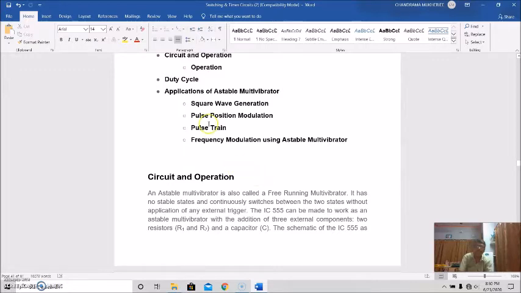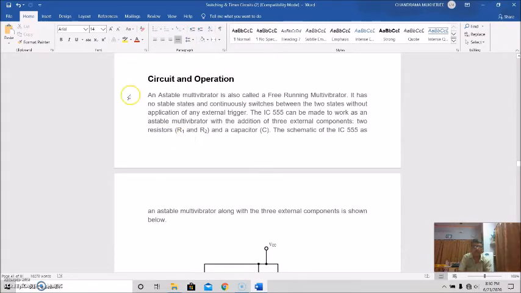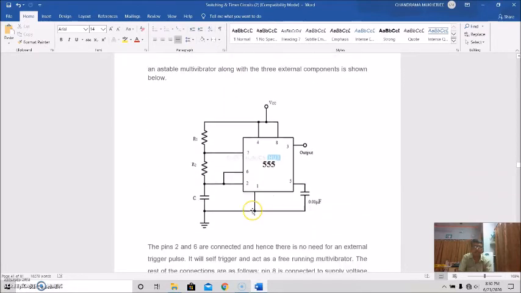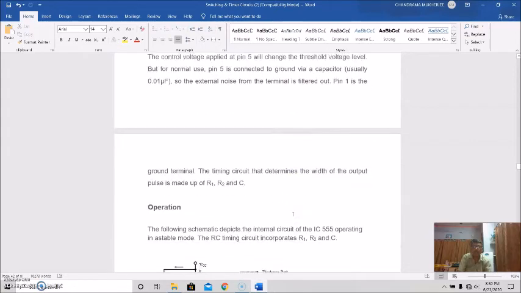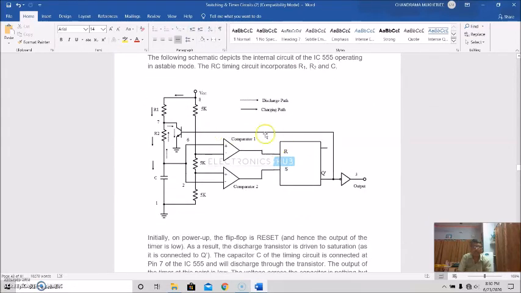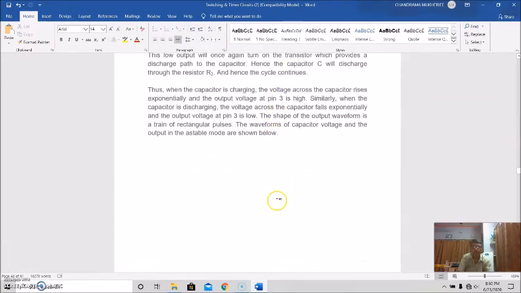We have discussed the Astable multivibrator used for pulse position modulation, along with a monostable multivibrator using IC555 timer. Then we have discussed the pulse train, and all these discussions were based on this circuit and its operations. This is the basic circuit and its operations. We have discussed the operations, and we got its duty cycle.